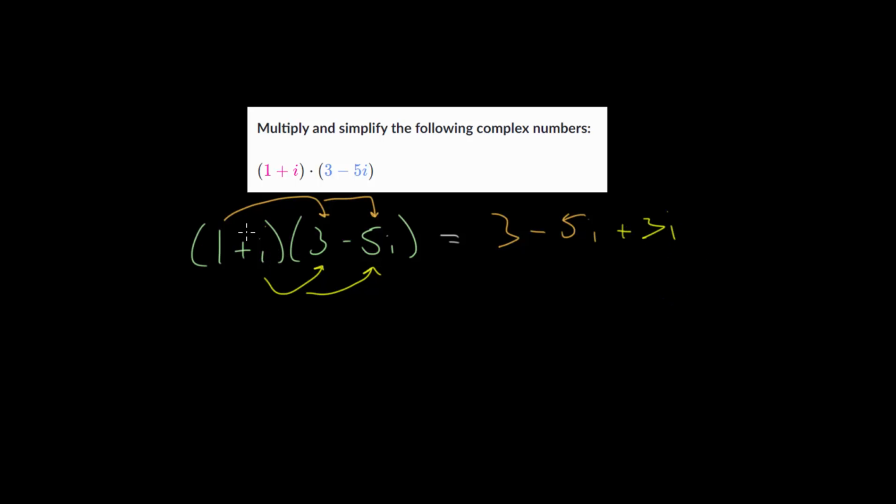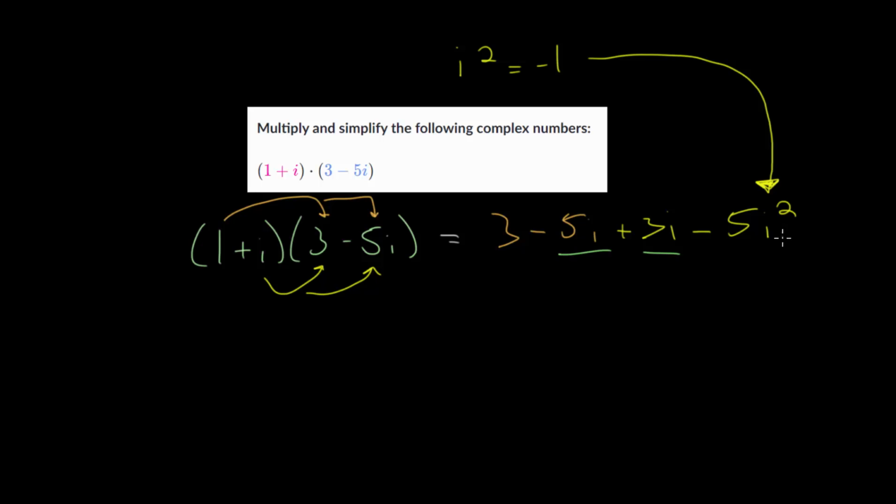And lastly, we do positive i times negative 5i, which is minus 5 times i times i, or we can just write that as i squared. Since remember, we know i squared is negative 1. So we're going to make a replacement here, since if we can, we want to convert these to real numbers. You won't be able to do that with your imaginary parts, but you can at least combine those and simplify.